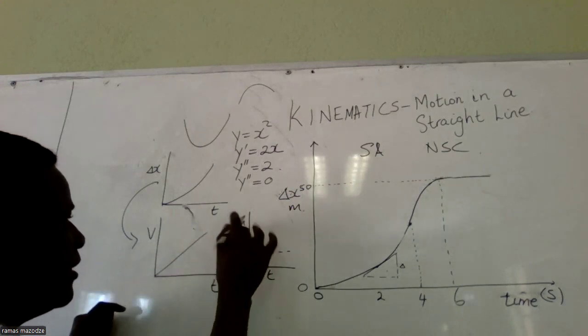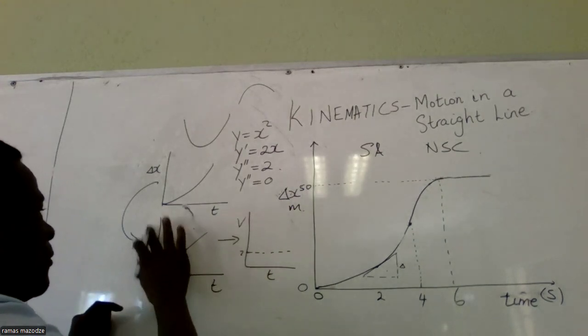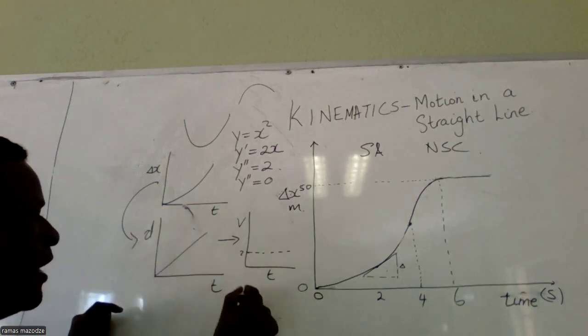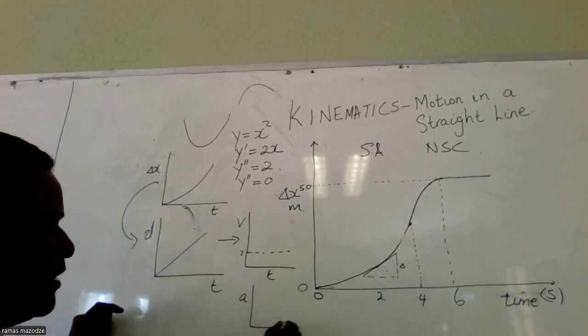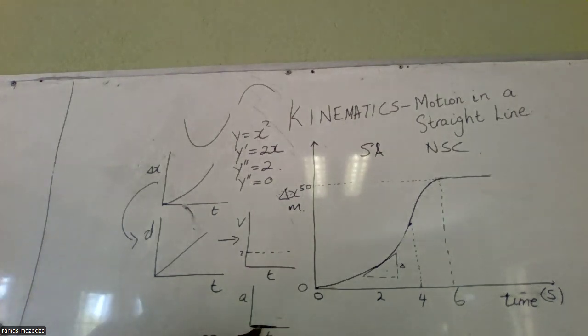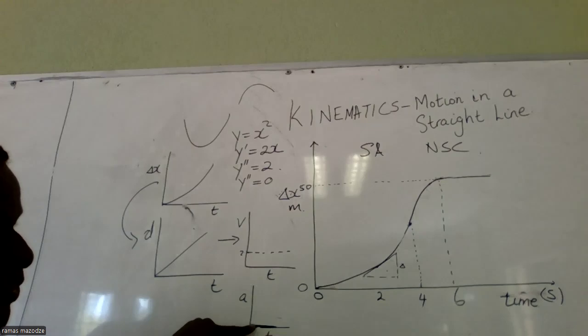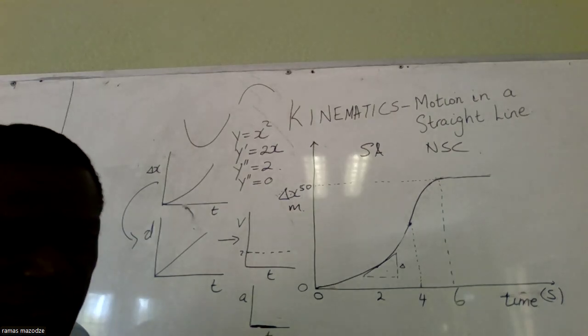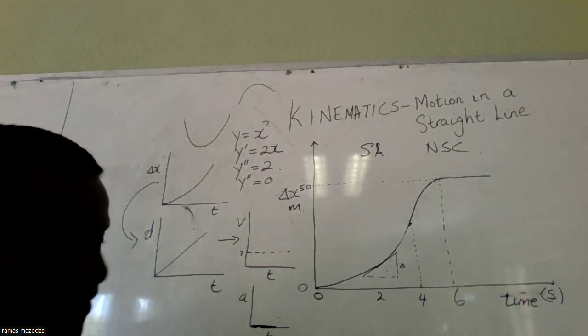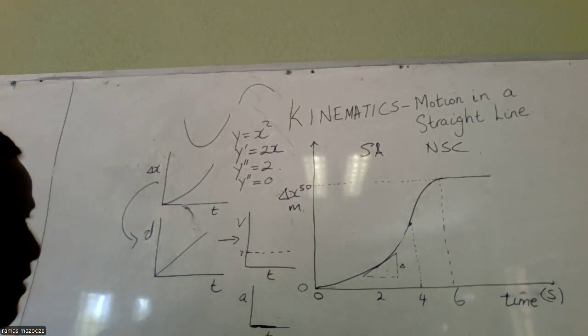If this is velocity and you differentiate, you get 0, so the line will be on the x-axis like that. Okay, I hope that is clear.